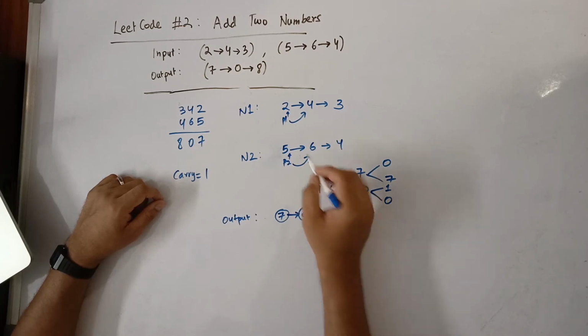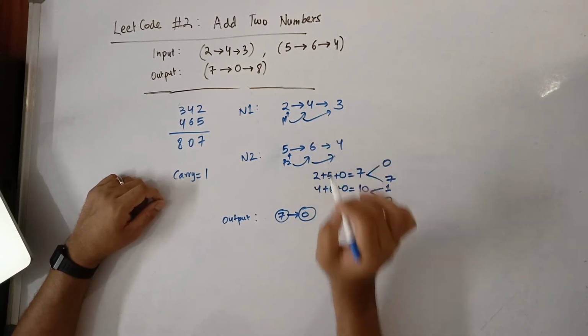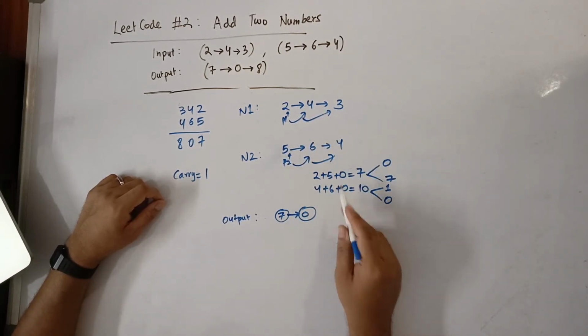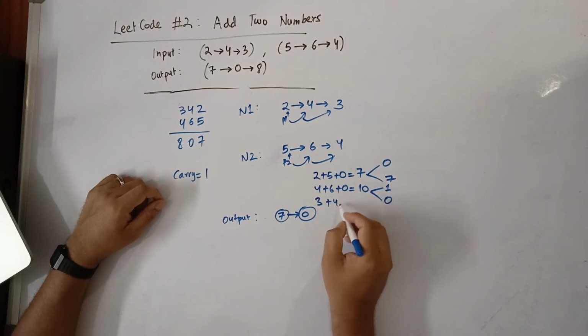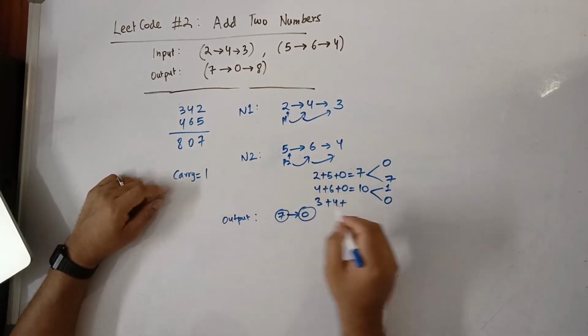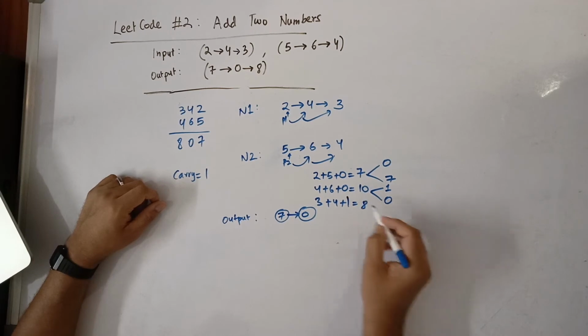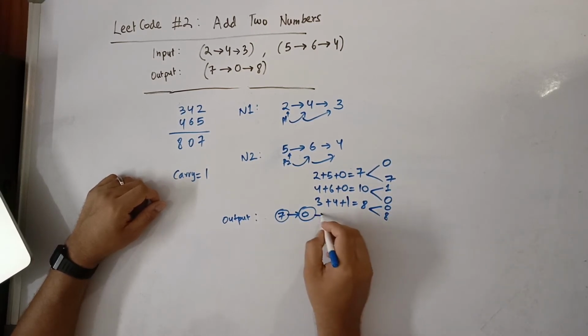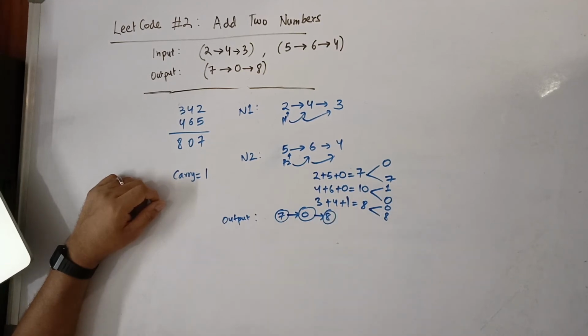Similarly, for the last step, we advance P1 and P2 further, and we get 3 plus 4 plus carry, which is 1 this time, remember, which is 8. This gives us a carry of 0 and a value of 8, and hence this is the output.